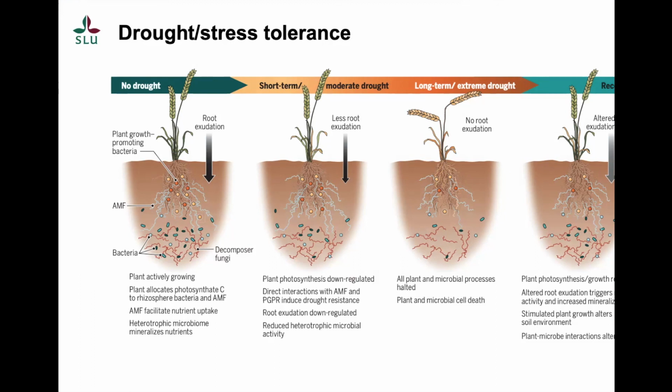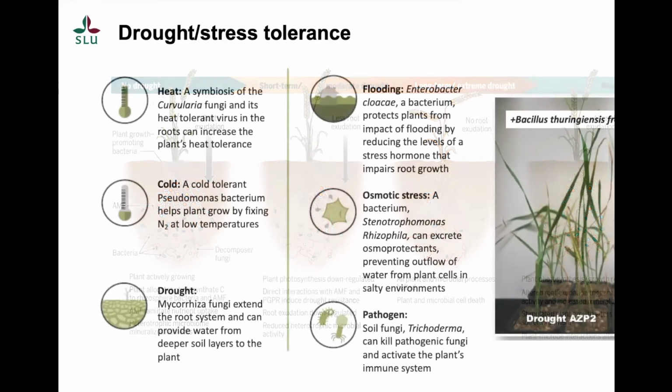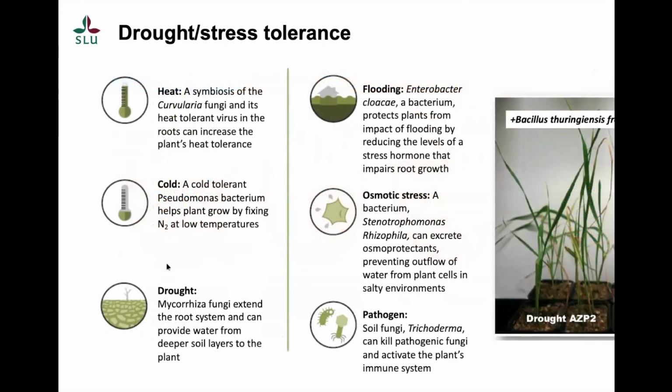But when it comes to protecting the plant, you can have microorganisms that are producing other types of hormones, just to try to keep the whole system functional. Here's just a few examples. In heat, you can have a combination of a fungus and a virus that infects the roots.